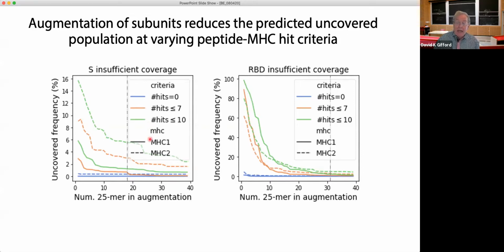As the number of required hits goes up, we require more peptides to have an effective response, but what you can see is that we can effectively reduce the uncovered fraction of the population by adding a small number of 25-mer peptides. And the same thing is true for the RBD domain, where we can have a rapid drop-off in the uncovered frequency of the population by adding a smaller number of 25-mer peptides.